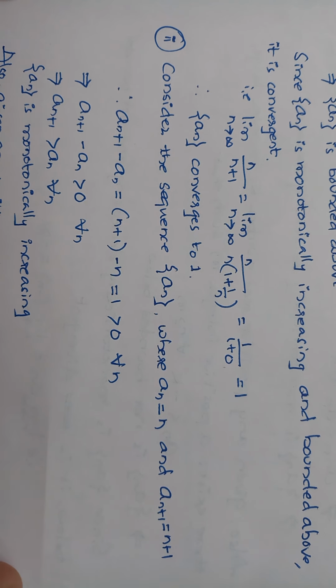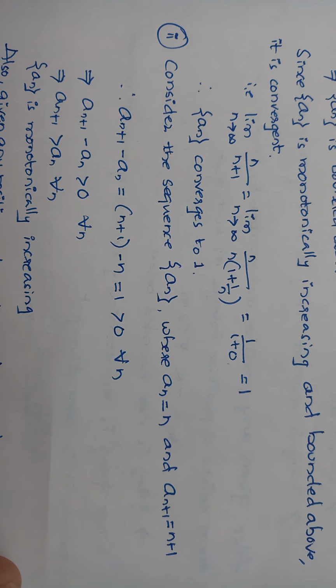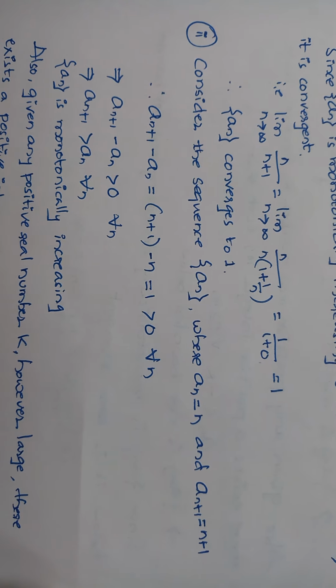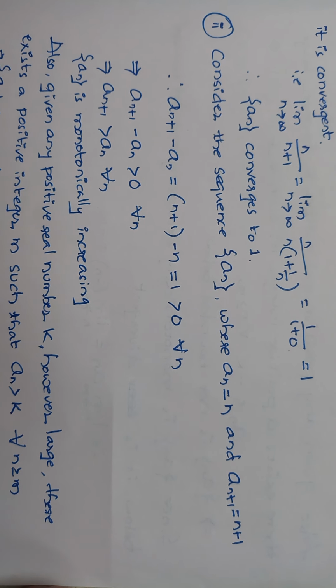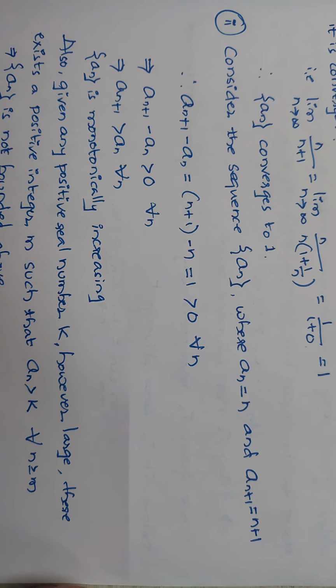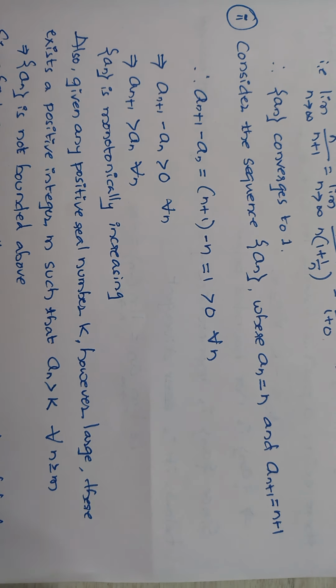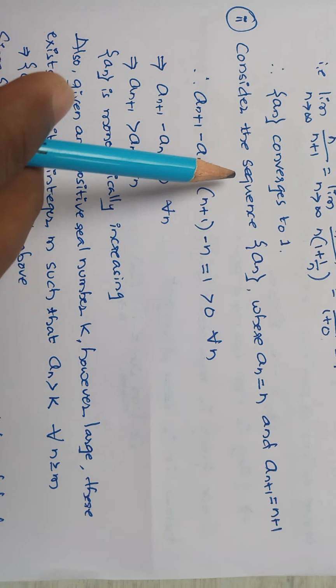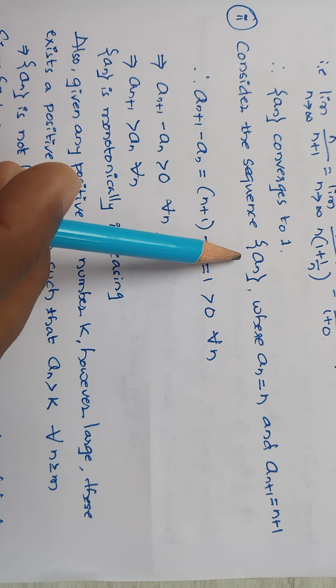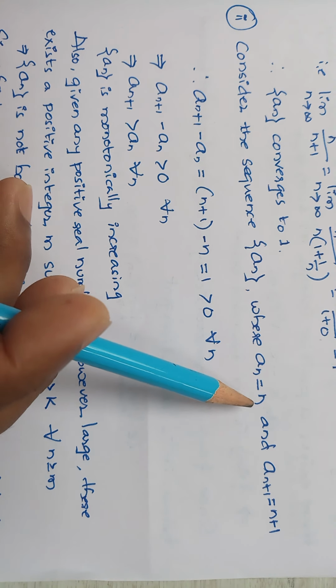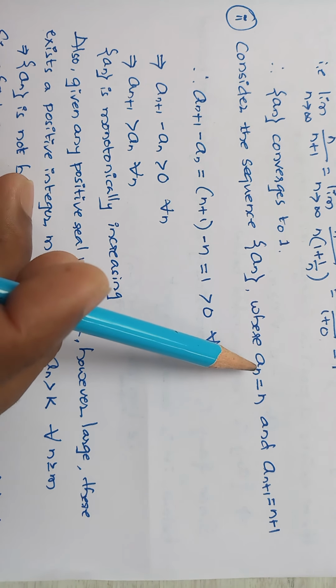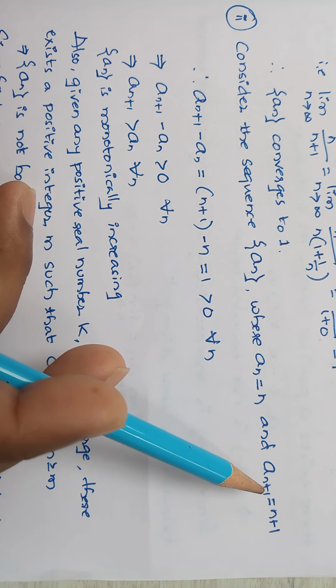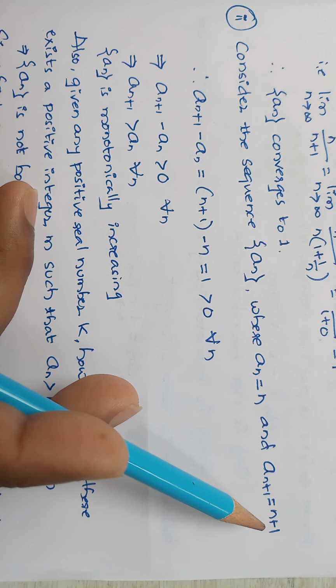The second thing is, I have to take an example that is monotonically increasing, and using that I have to prove that it is a divergent sequence. Consider the sequence a_n where a_n is equal to n. Put n equal to n plus 1, then you get a_(n+1) equal to n plus 1.